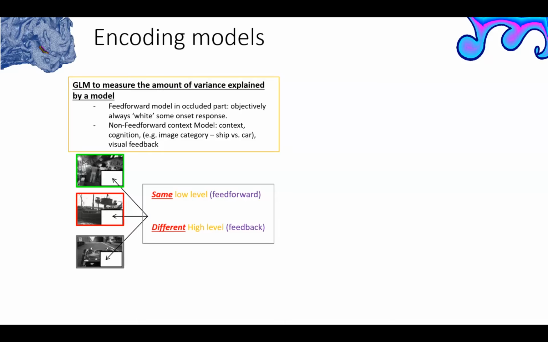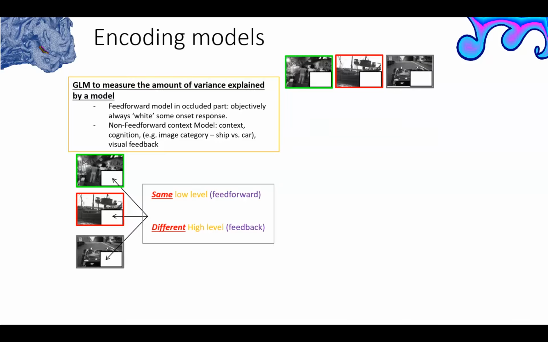However, if that voxel did carry some contextual information, some fill-in information, these different occluders should elicit different responses. And so we can exploit, as I said, the temporal contribution of the event to test this with a very simple GLM.